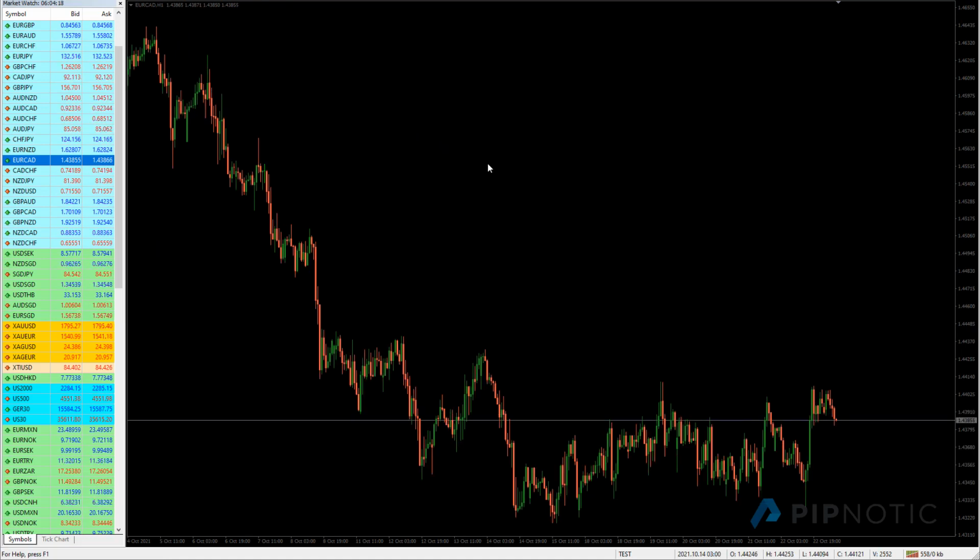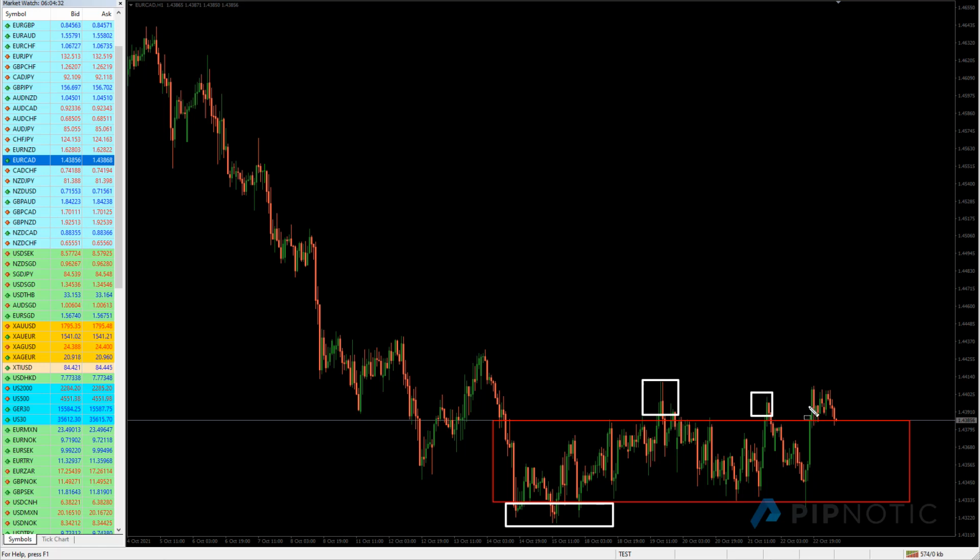We want to look for some patterns here. You can see very clearly that we are dealing in this little micro range just here. We're doing some exploration to either side, below, above, now we're above, so we don't know what's going to happen.